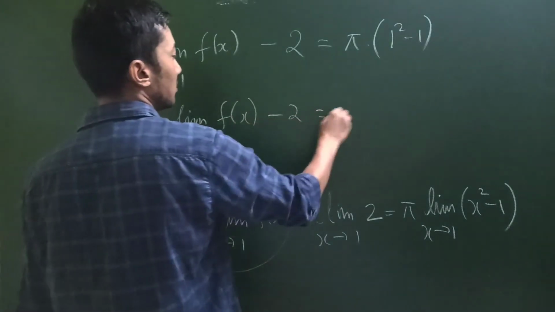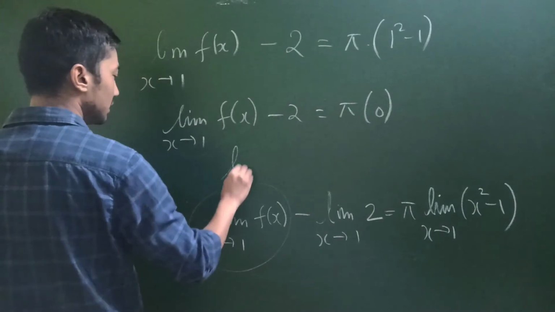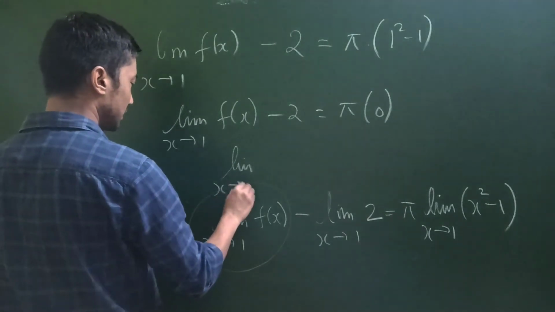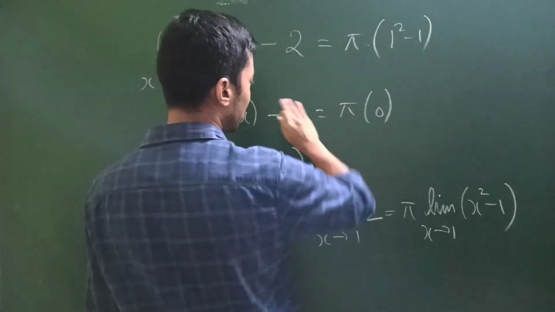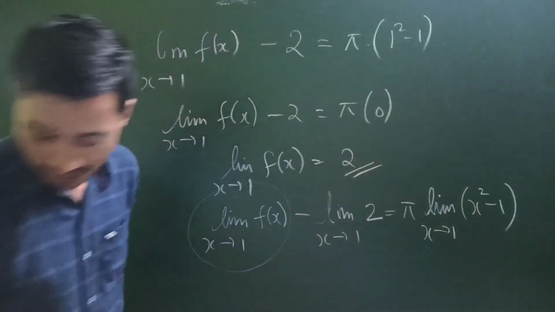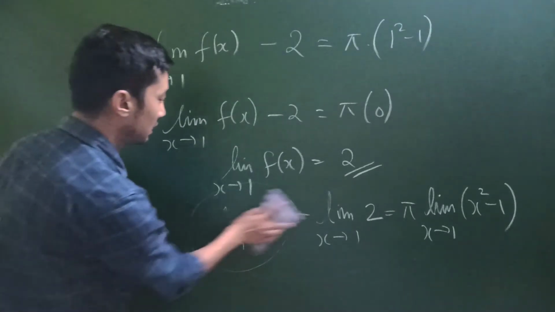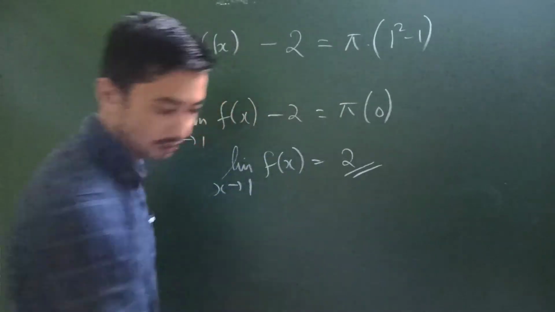The limit of f of x minus 2 is equal to pi into 0. So that's going to be 0. So the limiting value as x tends to 1 for the function will be, this is already 0. So minus 2, I just bring it to the other side. So what is the answer here? That is going to be definitely plus 2. So that was also not a difficult question at all, isn't it?